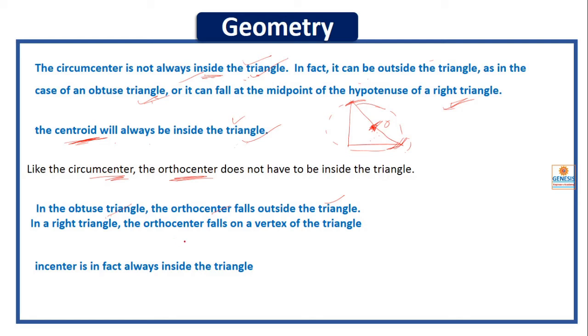For a right angle triangle, the circumcentre is at the midpoint, but the orthocentre falls on the vertex of the triangle. This is different, so it has a chance to appear in our coming examination. But incentre, in fact, is always inside the triangle. So incentre is always inside and centroid is also inside.